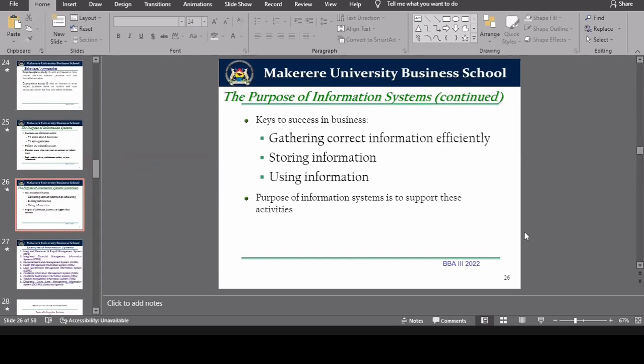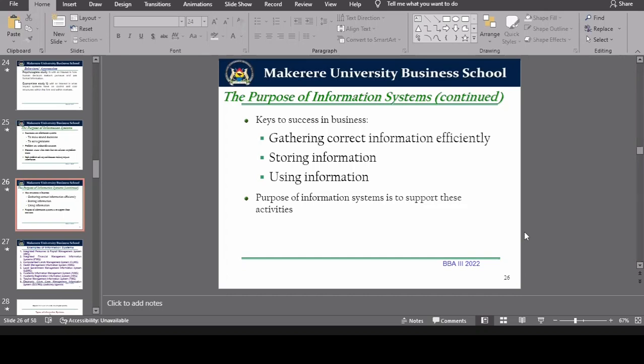Businesses can only delight in information systems if they're able to gather correct information efficiently. By the way, there are two words that we use every now and then, and we use them interchangeably: efficiently and effectively. I want you to get the difference between those two words very well, such that you don't confuse the two.